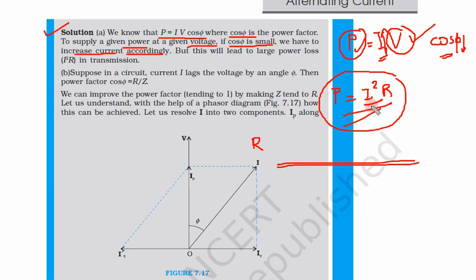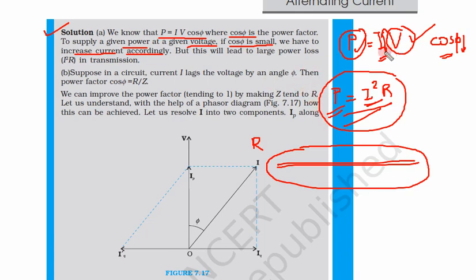If we increase this current, it is transmitted by these power cables, so we are increasing current in these power cables as well. So the power loss in the transmission lines will be very high. That's why a small power factor leads to higher power loss.